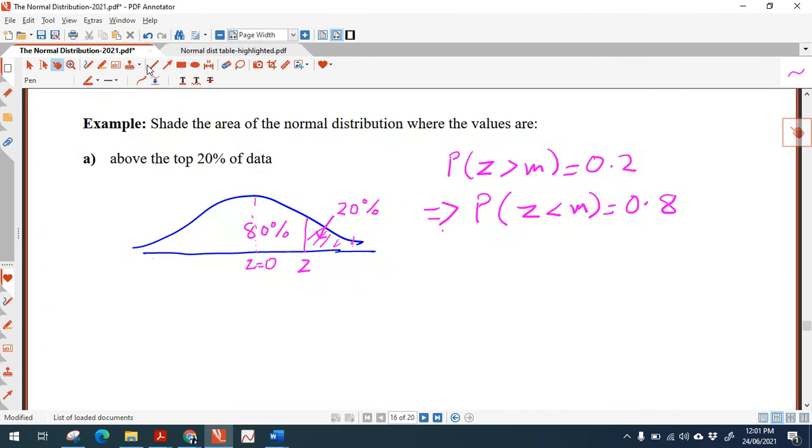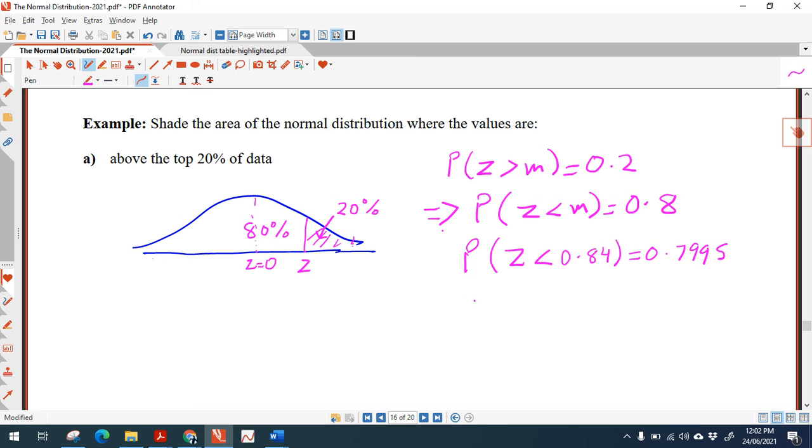So let's go back to that, and we're going to write down that the probability that z is less than 0.84 is equal to 0.7995.